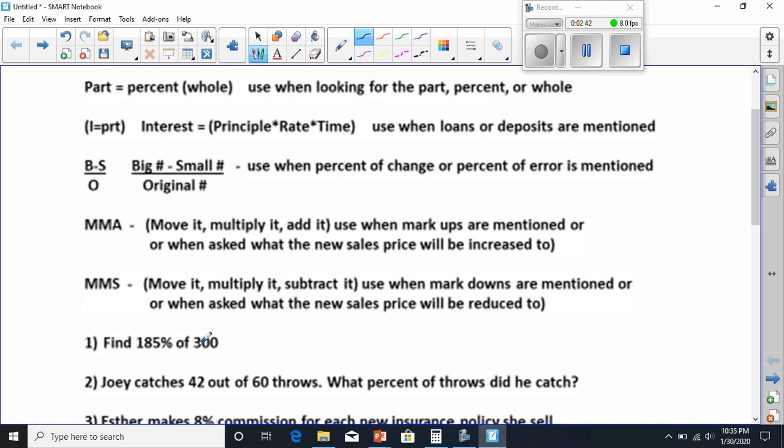Number 1 says that 185% of 300. So if we put that in the first formula for part, they don't give us the part. The of is 300, so that's going to be the whole. The percent, remember we have to move the decimal over twice, so we're going to multiply 300 by 1.85, and that's going to equal the part.